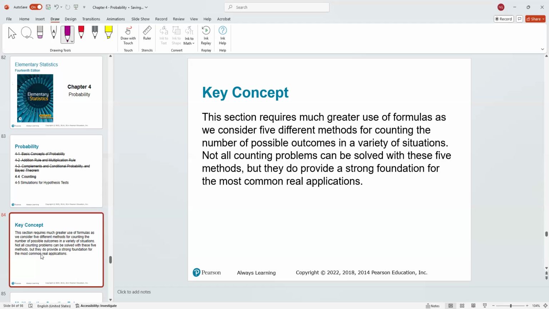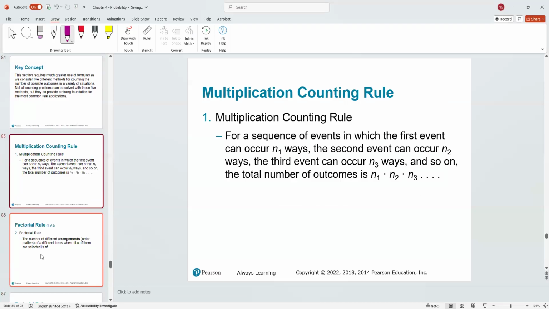Not all counting problems can be solved with these 5 methods, but they do provide a strong foundation for the most common real applications.